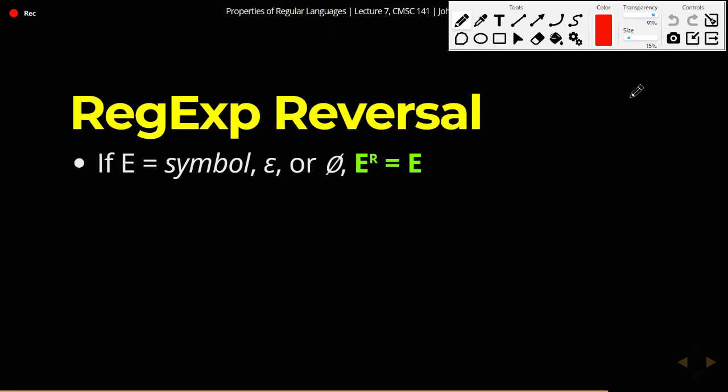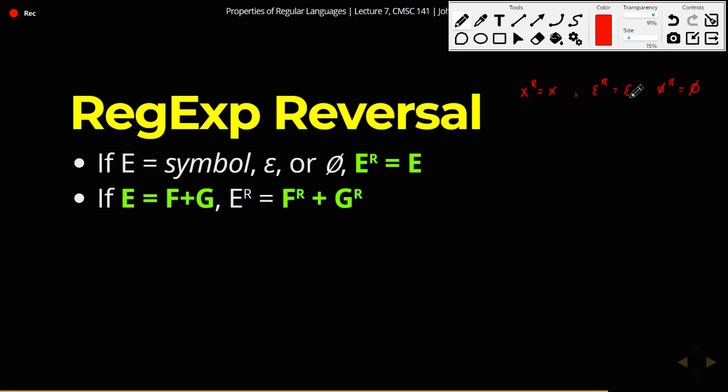If the expression is just a symbol, epsilon, or null, then its reversal is the same: x reversed is still x, epsilon reversed is still epsilon, and null reversed is still null. We don't really reverse it because it's just a single symbol itself.